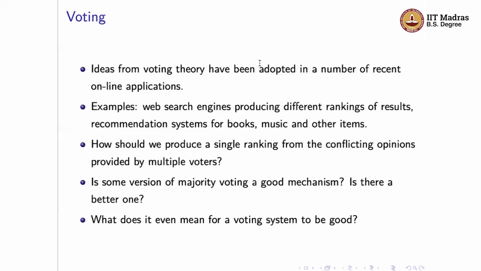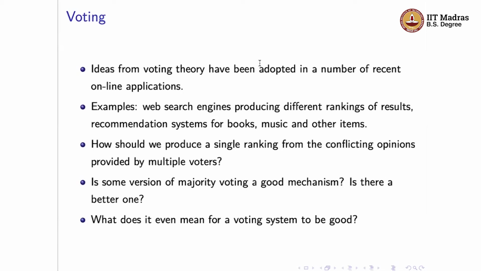And now they are going to develop a rank system for you where they combine the rankings of these different people who they think have similar tastes, and on the basis of that come out with a ranking of different books, and then decide how many of those books to recommend to you for purchase, right? A similar thing happens with how Netflix recommends movies and so on. So here the objective is not to come up with a global ranking system, but to come up with a ranking system which is useful for different individuals, right?